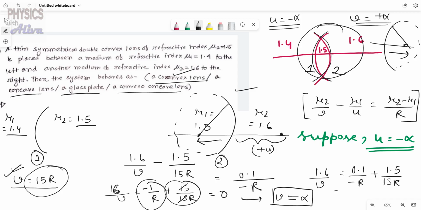For a convex lens or a concave lens, if the object is at infinity and the incident rays are parallel, the image forms at the focal point. But for a glass plate, if the object is placed at minus infinity, the image forms at plus infinity. So the system is behaving like a glass plate. This will be the correct answer.